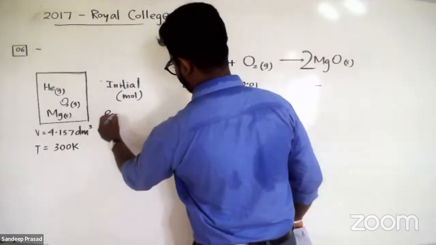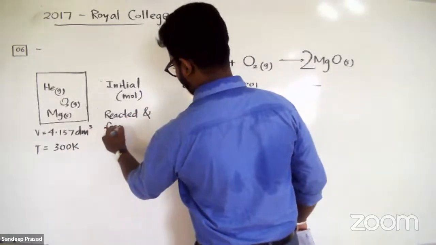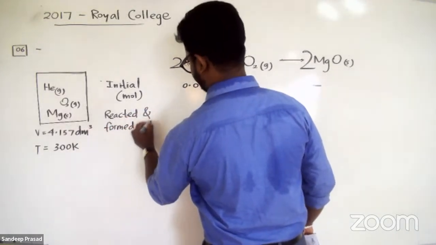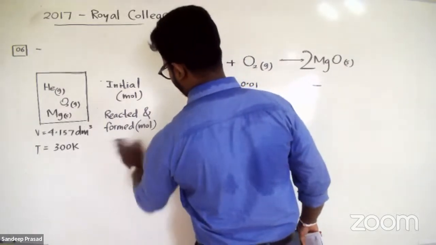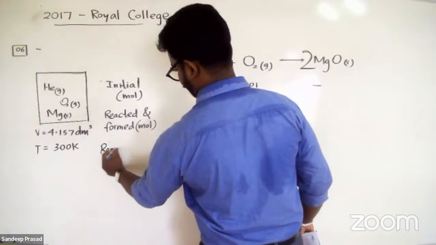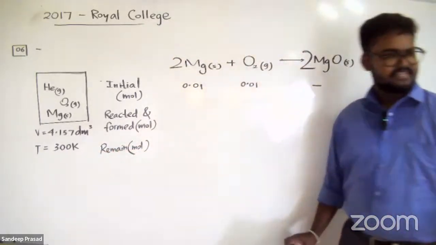The second step is reacted and formed amounts. Reacted and formed amount. And here the final remaining amount. Let me write down here remaining. Alright, remaining moles. This is very easy.